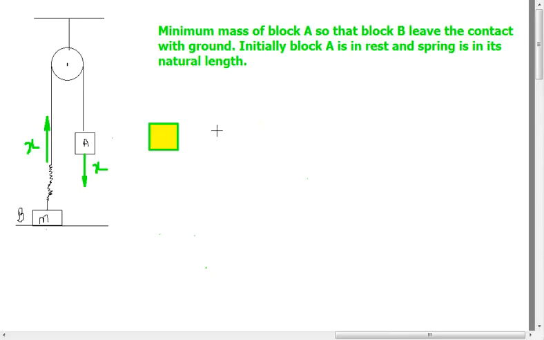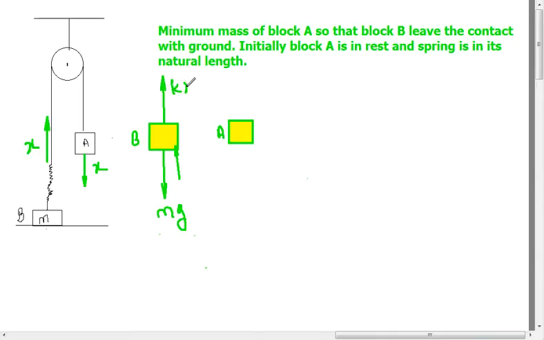This is block B, and this is block A. See here, the weight of this mass will be mg, and this is kx.